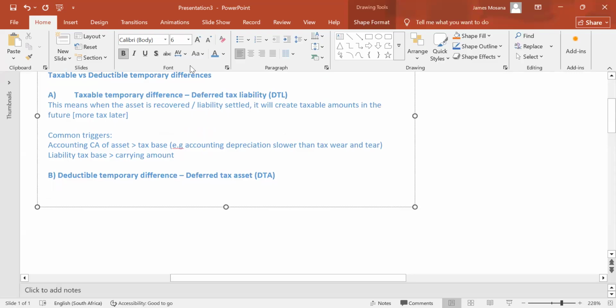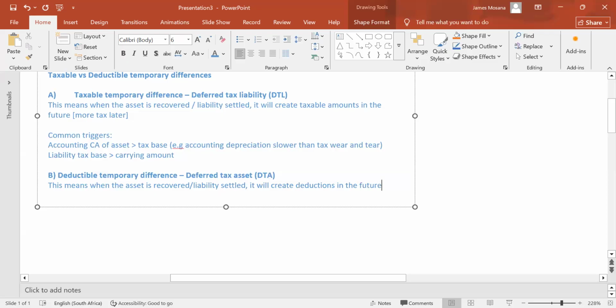This means when the asset is recovered and the liability is settled, it will create deductions in the future.